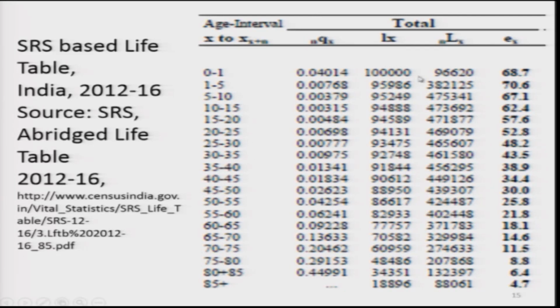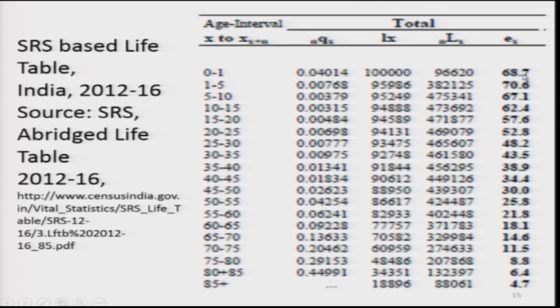The totality of time for which these 100,000 people lived in age group 65 to 70 is 3,29,984. And the last column is ex, life expectancy at birth. So this life table tells me that according to age specific death rates prevailing in India in 2012 to 16, a newborn baby is expected to live for 68.7 years.